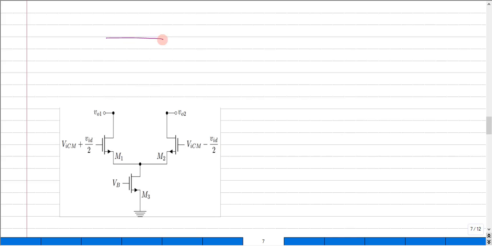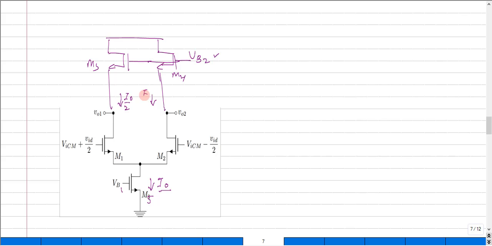So I just draw those structures, and we want this common mode feedback to work upon this VB2 or to maintain this VB2 so that the currents through them would be exactly half the current that flows across, let me label this one as M5, across this M5 transistor.